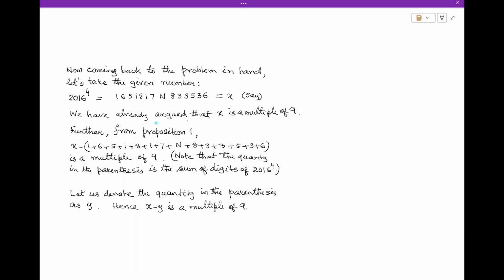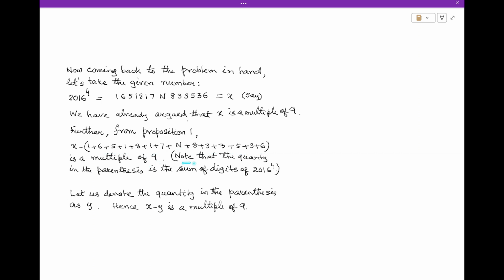We have already argued that x is a multiple of 9. Further, from proposition 1, x minus the sum of the digits of x, that is x minus (1 plus 6 plus 5 plus 1 plus 8 plus 1 plus 7 plus n plus 8 plus 3 plus 3 plus 5 plus 3 plus 6), is a multiple of 9.